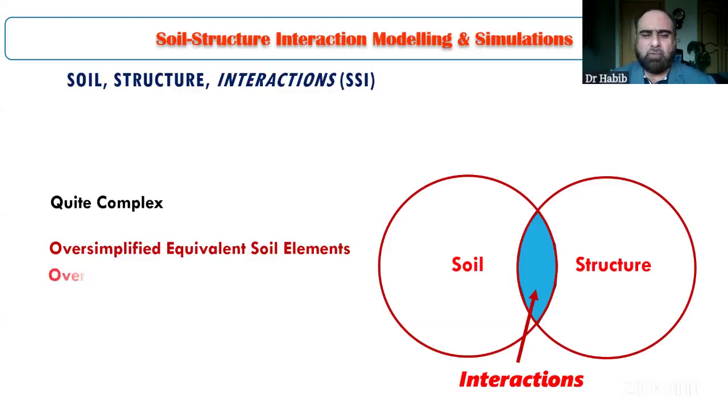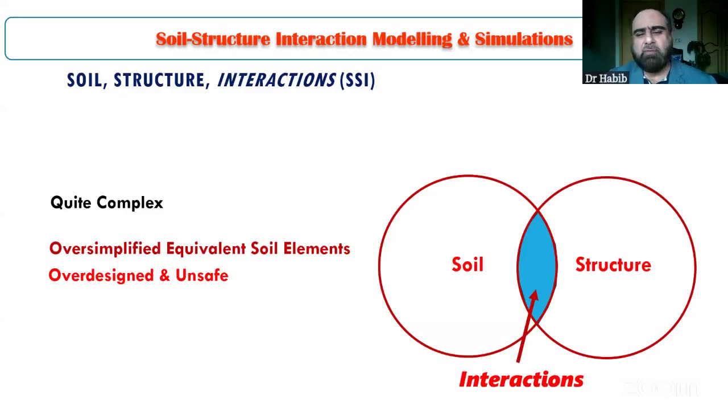So once we do this, either we are over designing our system, doing an uneconomical design, or we are moving towards the unsafe side. So these are the two implications of using oversimplified equivalent soil elements.